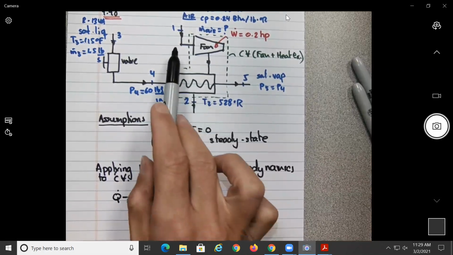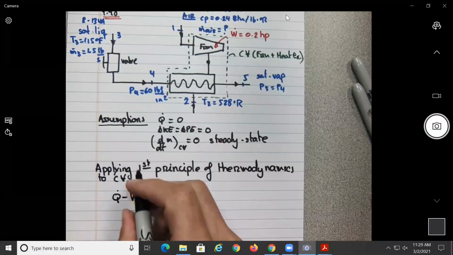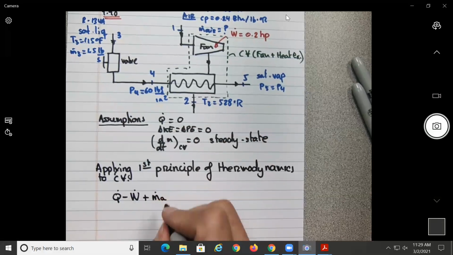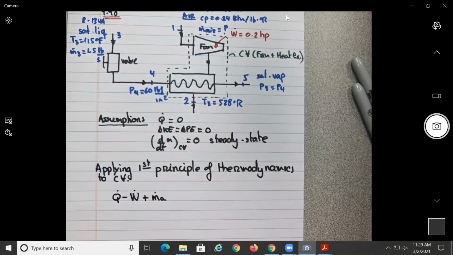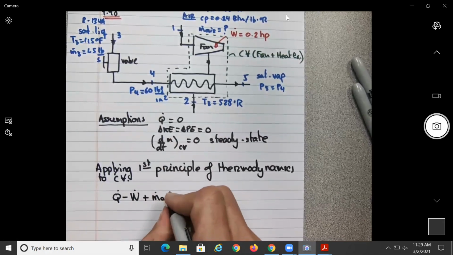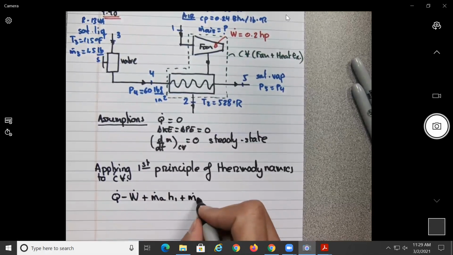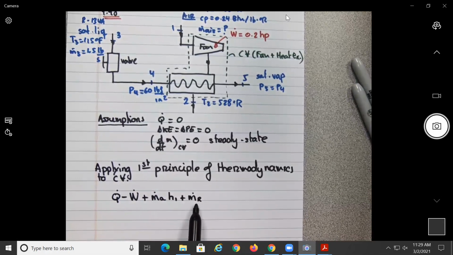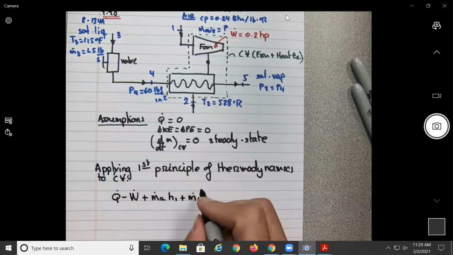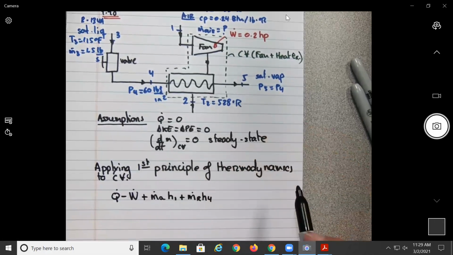Then we had whatever goes inside our control volume. So what goes inside our control volume? Plus M1, but that will be M dot of air. Let me just call it M dot sub A now. What else is coming in? So H1, what else is coming in? M dot of the refrigerant, let me call it M dot sub R. This will be M dot sub R here. H4.